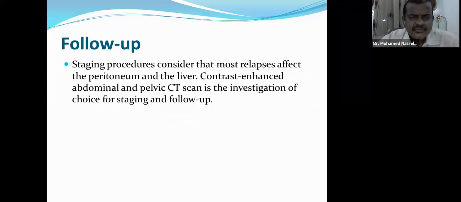Staging procedures consider that most relapses affect the peritoneum and the liver. Most of the relapses are due to metastasis to the peritoneum and the liver. Contrast-enhanced abdominal and pelvic CT scan is the investigation of choice for staging and follow-up.